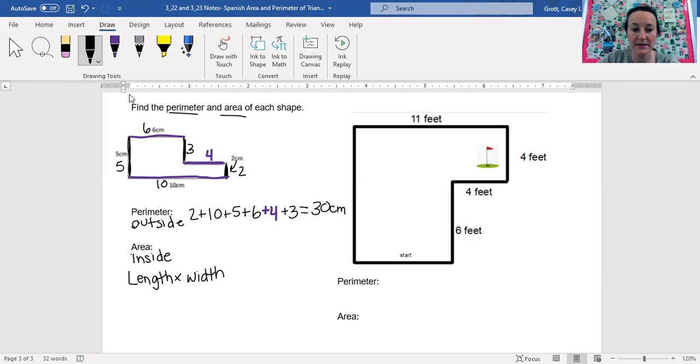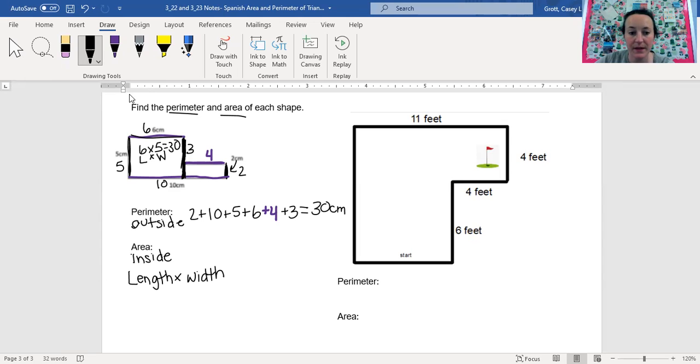So if I break this up into 2 different rectangles, this area is 6 for my length times 5 for my width. Notice I didn't use the 10 because the 10 is all of this versus we are stopping right here. So this length ends up being 6. 6 times 5. There are 30 boxes inside this rectangle.